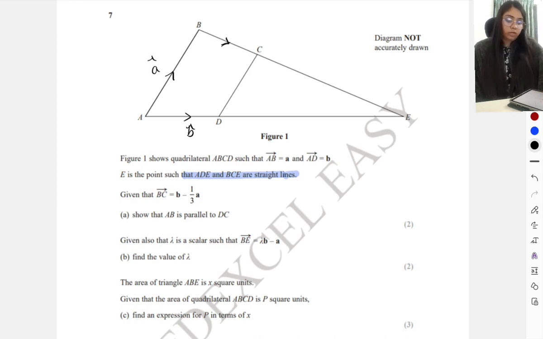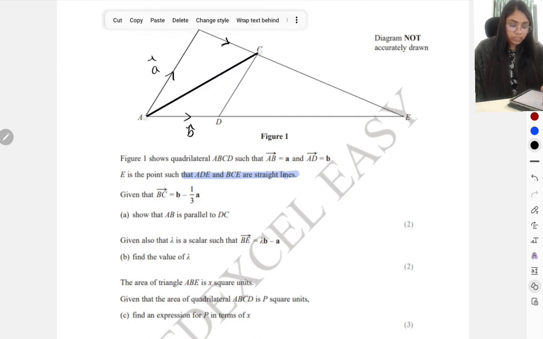So that means we have to calculate DC, right? But the problem is, if I connect a triangle over here, or the straight line AC, DC is only connected to these 2 points, ADC. In order to find DC, I should have the vector for AC.